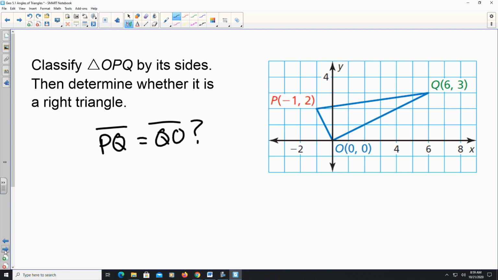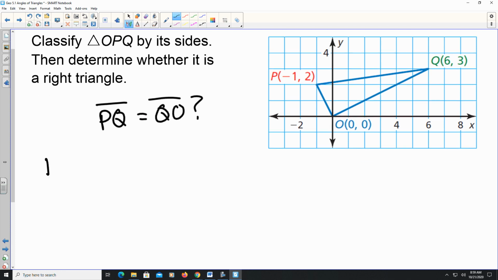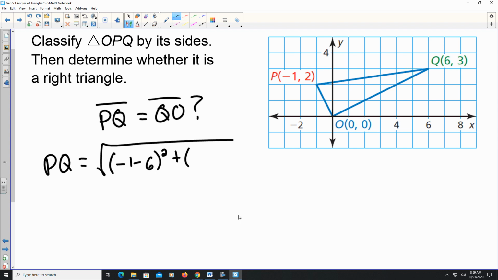In order to figure that out, we have to use the distance formula. So let's look at PQ. Take the square root. My x values are going to be -1 minus 6, quantity squared, plus my y values, 2 minus 3, quantity squared.